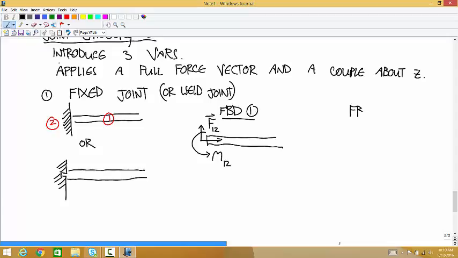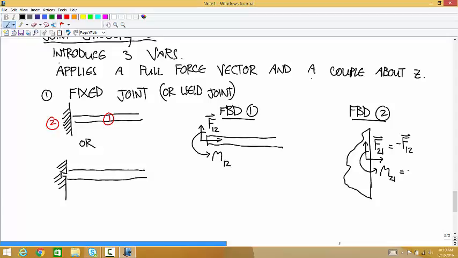And then free body diagram of body 2. You have the force vector on 2 by 1, which is the same thing as negative F12. And you also have the couple M21, which is equal to negative M12. Any questions about that?